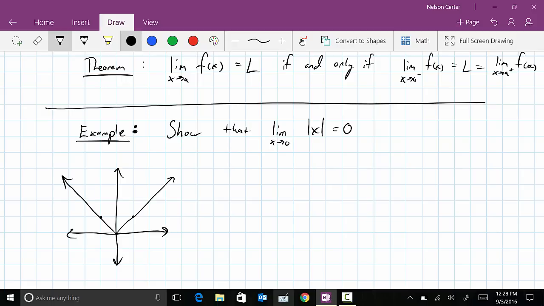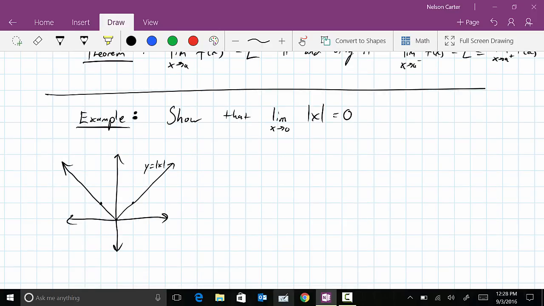This is the graph of y is equal to the absolute value of x. You can see as we approach 0 from the left, we're going to get 0. As we approach 0 from the right, we're going to get 0. So that means that the limit exists and the limit is 0.